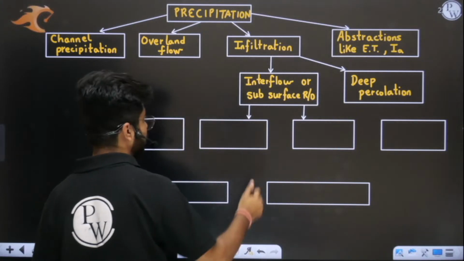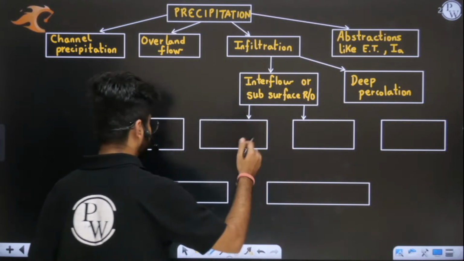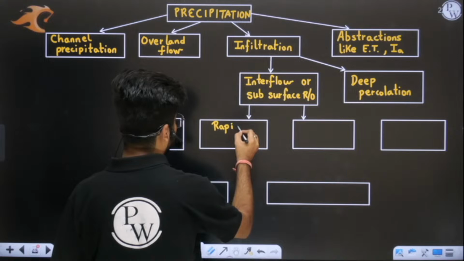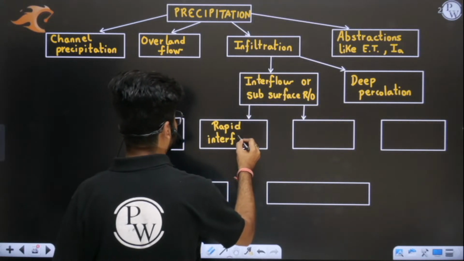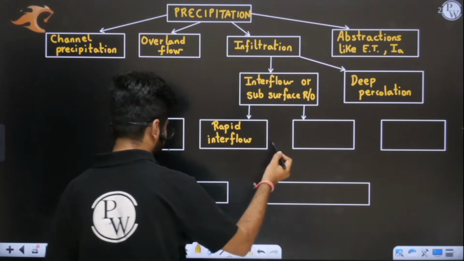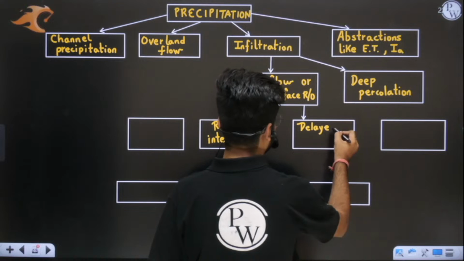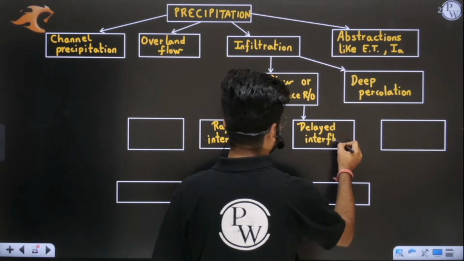Out of this interflow which is taking place below the surface, some will be very quick. That's why I will call it rapid interflow. Some will be slow. That's why I will call it delayed interflow. It will take time.